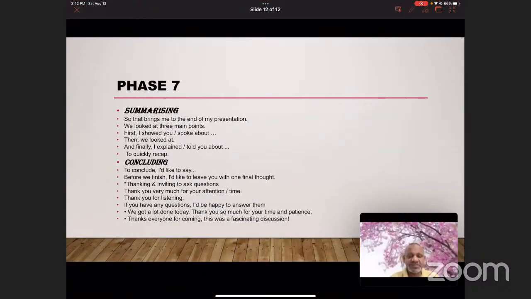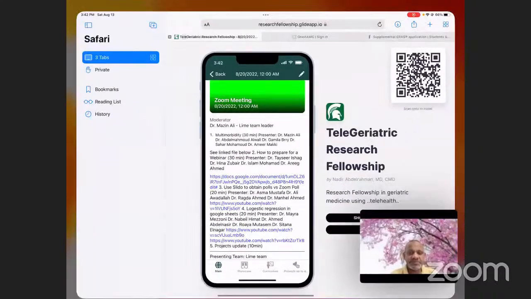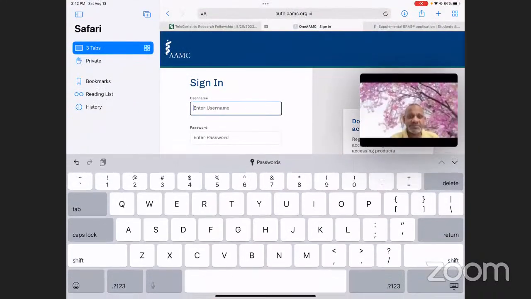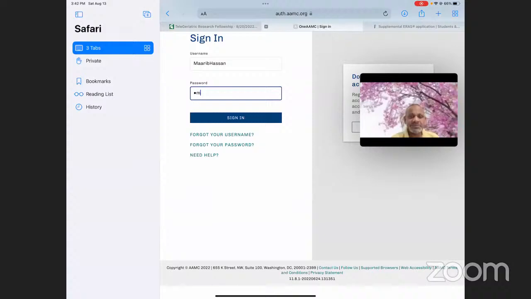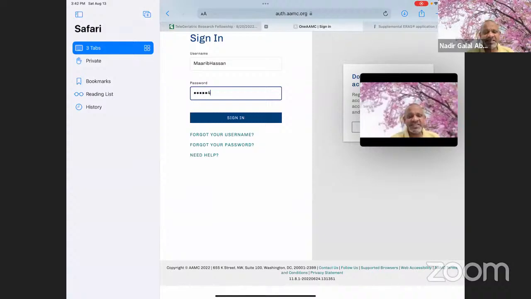The question is about ERAS. Maarib has some question about the supplemental form in ERAS for internal medicine. She will show us the application.